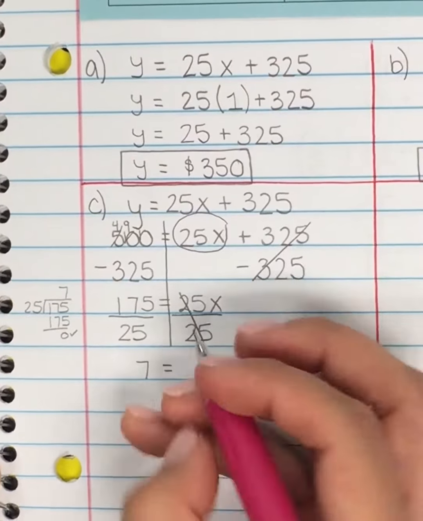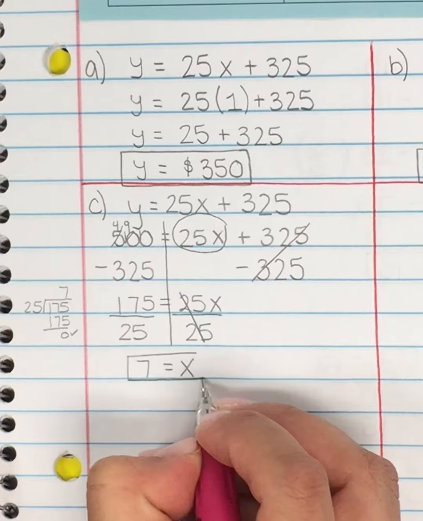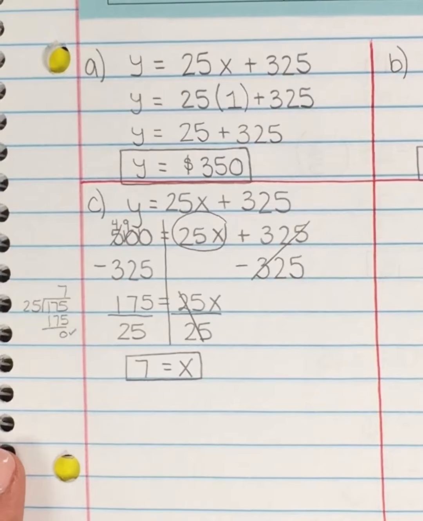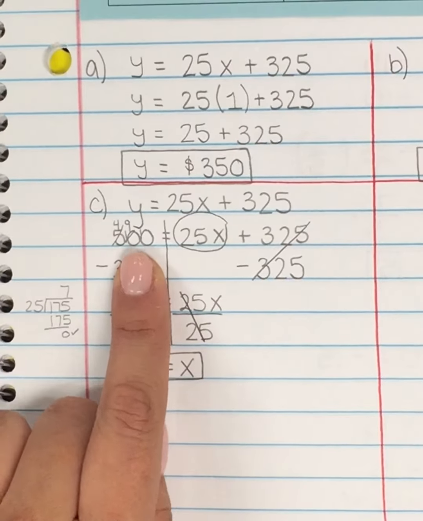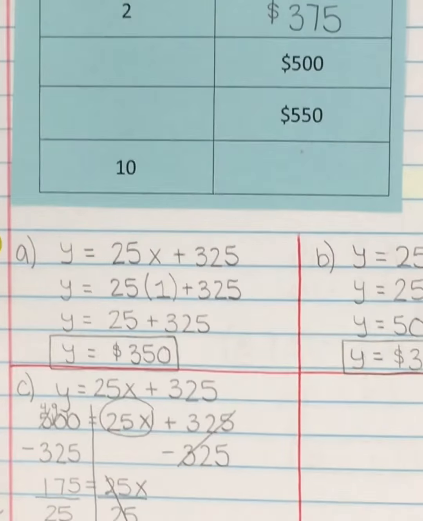And my 25s cancel, which means that my answer is 7. X equals 7. So when the total cost of the project was $500, that means that we translated 7 pages.